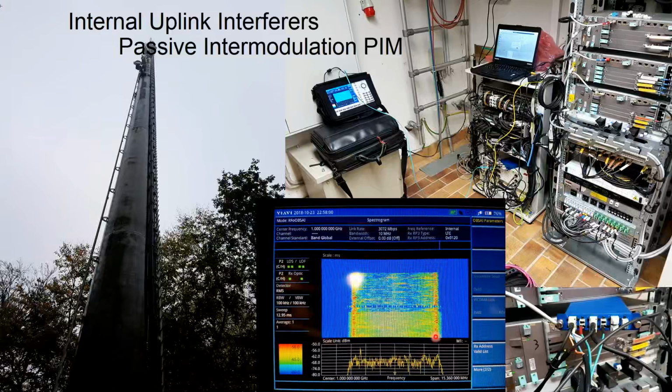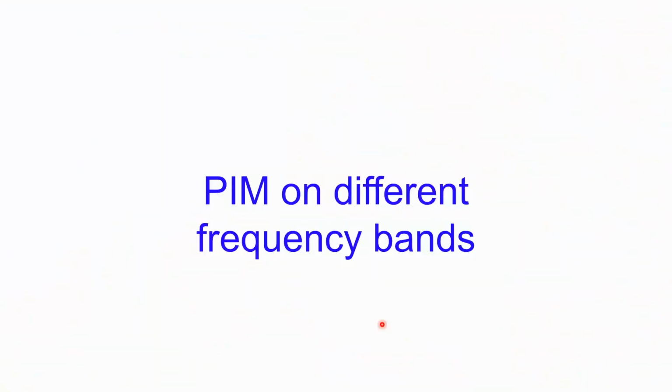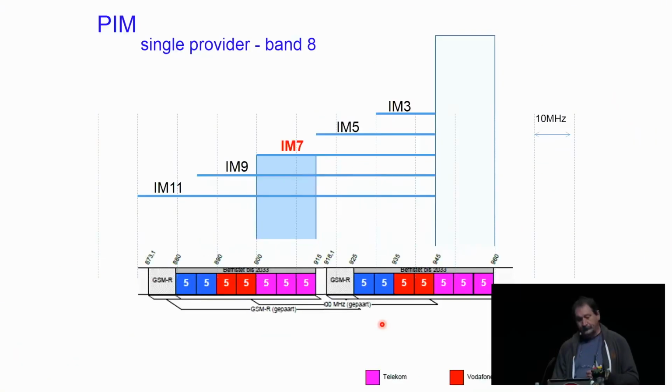And this is how it looks. It can look like we have strong broadband noise. Different frequency bands. There are also modulations. For example, in the telecom band, at new 100 megahertz, we see this IM7 here. That's okay.